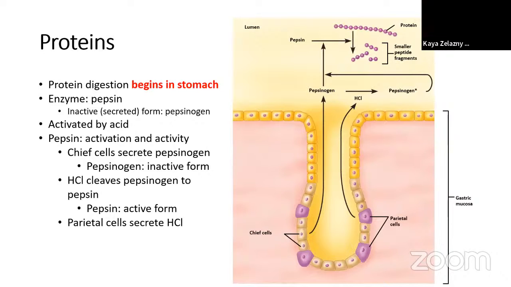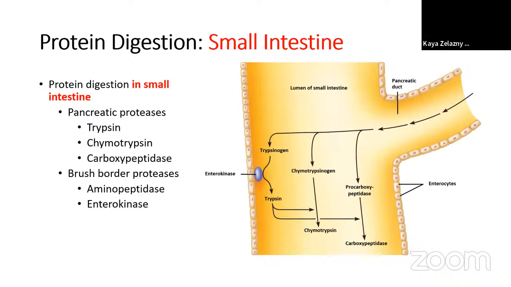We looked at the zymogen pepsinogen, which comes from our chief cells in the gastric pits and then gets activated by the acidity of the stomach. And I think we are on this slide when we left off.